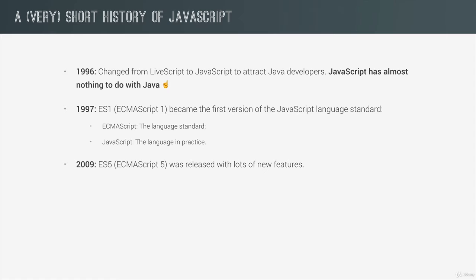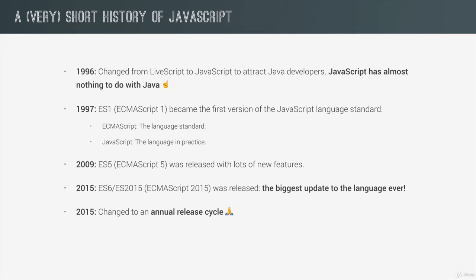However, it took many years for browsers to implement all these changes. And finally, the much awaited new version ES6 was launched in June 2015. It was the biggest update to the language ever, with a ton of new features. And this was, or still is, a really big deal for JavaScript and for the whole developer community. Now you will also see ES6 being called ES2015, which is actually the official name, but most people just call it ES6, and so that's what I'm going to do here as well.